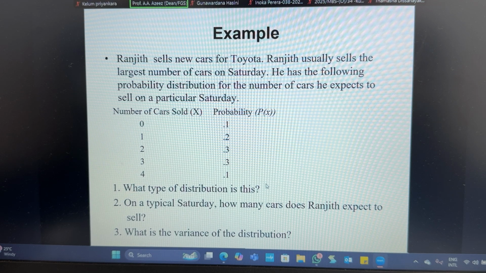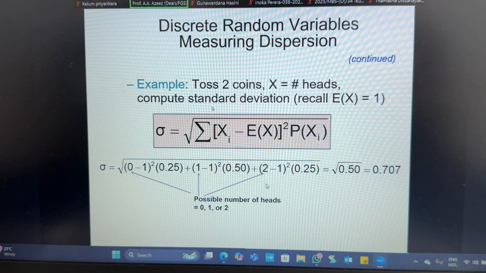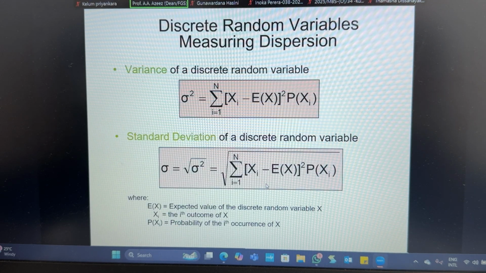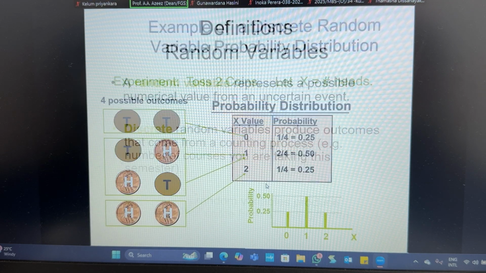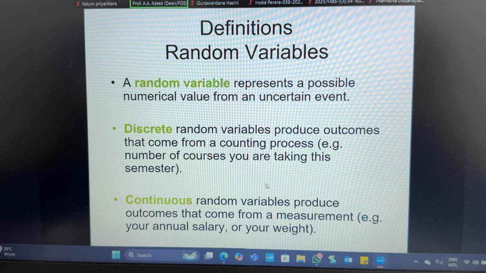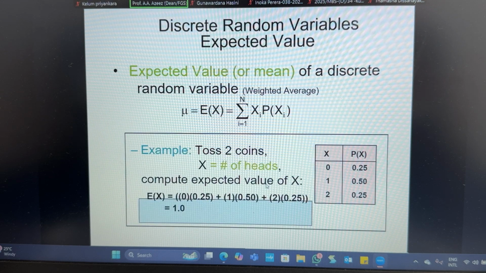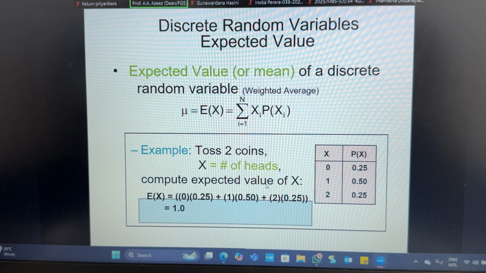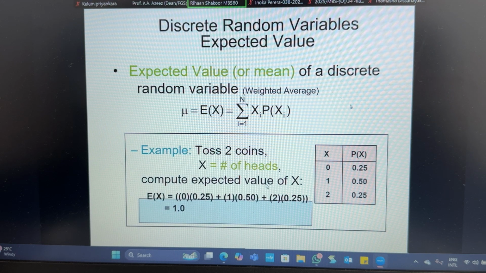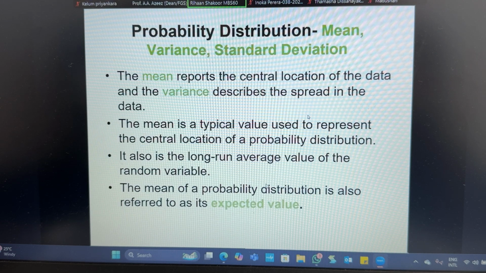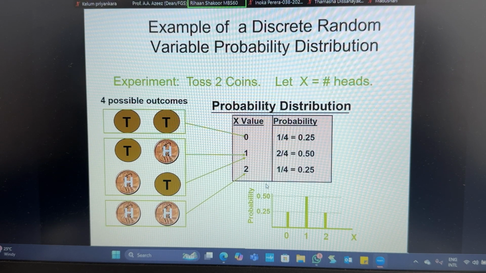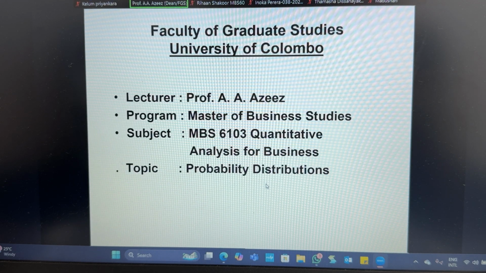Did we do this sum? Sir, you said you'll start with sum number 12.